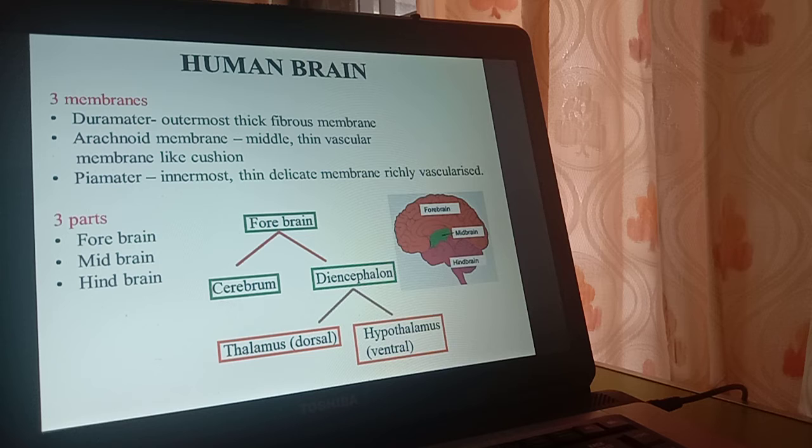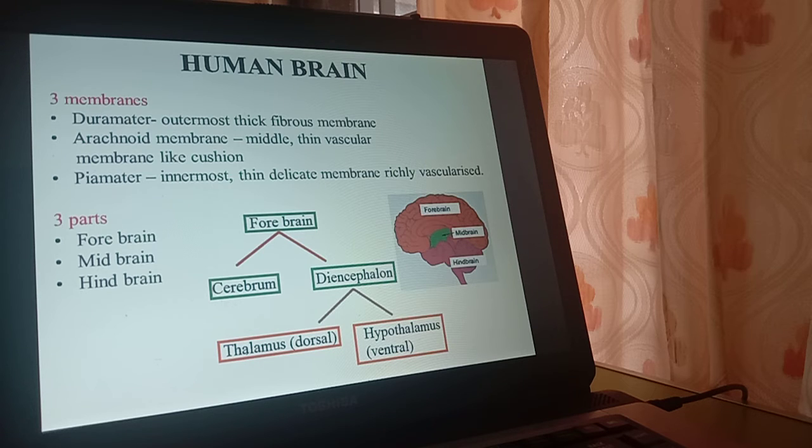Then we have the arachnoid membrane, which is the middle thin vascular membrane and acts like a cushion. So vascular means there is the supply of blood vessels. And finally I have the pia mater, which is the innermost thin delicate membrane, which is richly vascularized. Yes, so the three membranes, you should be clear of all these parts: dura mater, arachnoid membrane, pia mater, and I have given you the function of this.